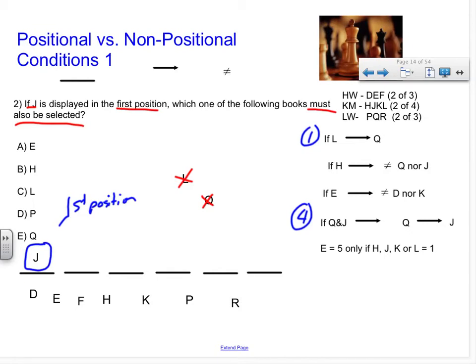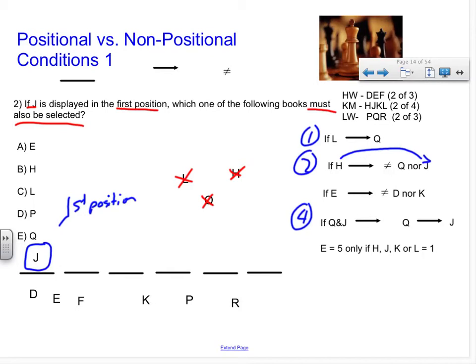If I have J in the first position, I know that I can't have H based on the second condition, because H can't appear with J. So I'm going to take my H up here and cross it off so that I'm not tempted to use it.